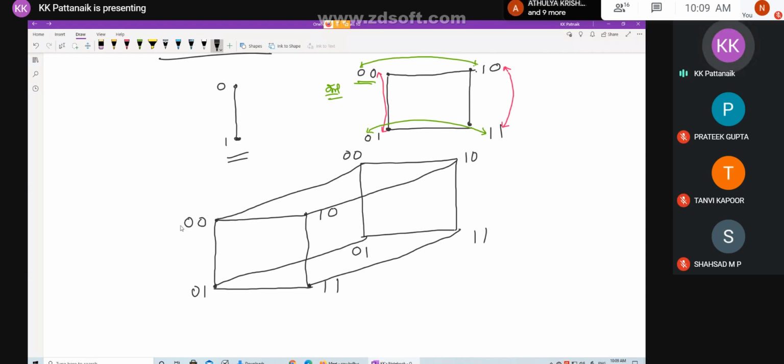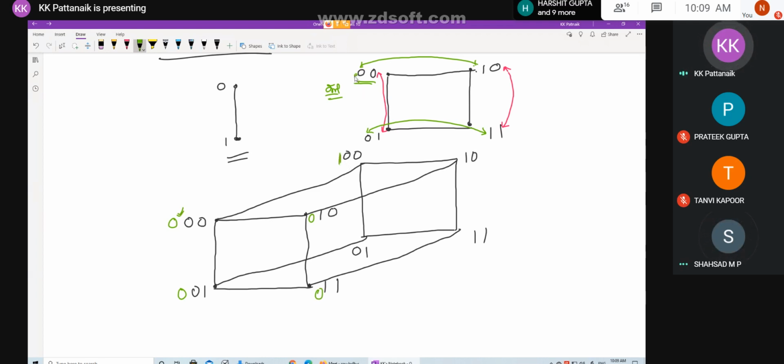Okay. So again here it will be 0, 0. Yes, I will write 0, 0. Then what will be here? 0. Very good. 0. And here? 1. Here it is 0. Here it will be 1.